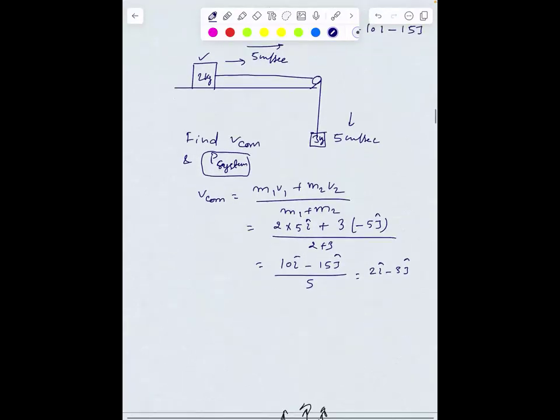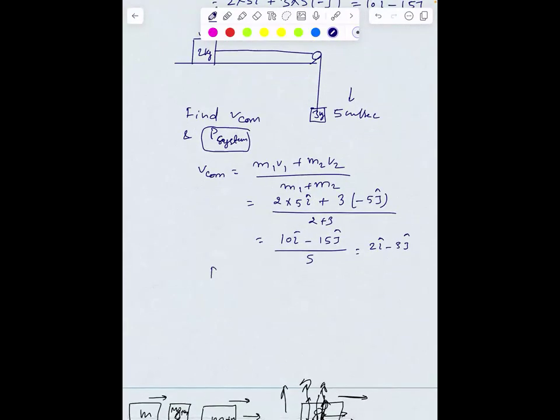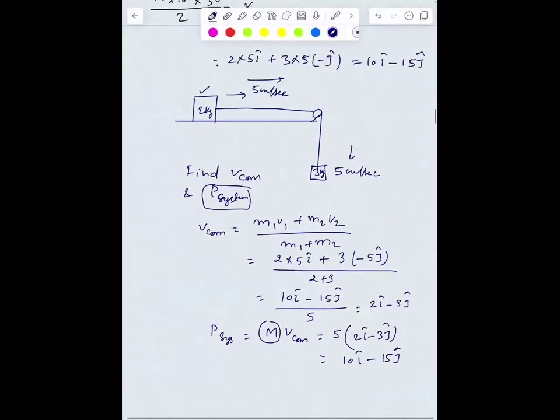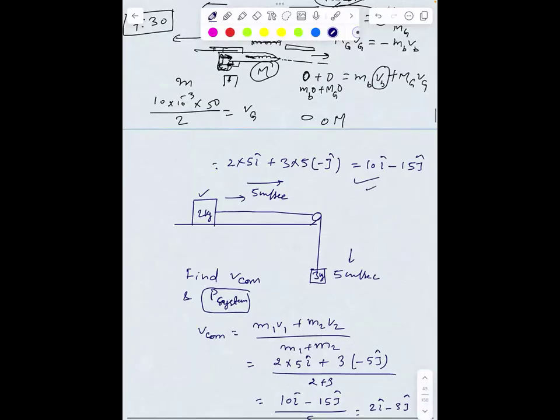But those who follow the law, I wrote P of system is equal to capital M into V center of mass. What is this capital M? Total mass of the system. Total mass of the system is 5, and V center of mass is 2 I cap minus 3 J cap. So I can write this is 10 I cap minus 15 J cap, which is directly calculated. Are you getting my point?